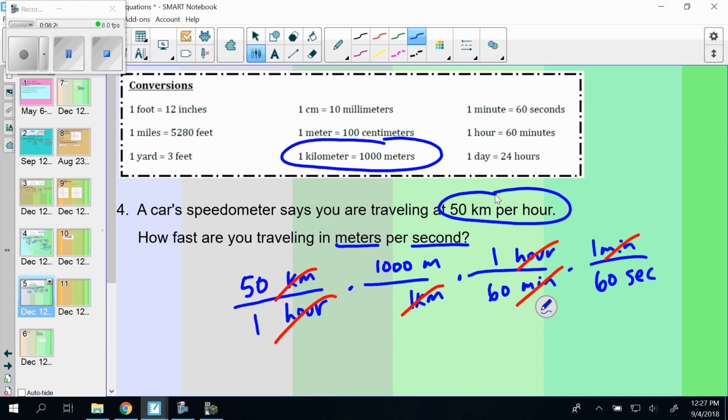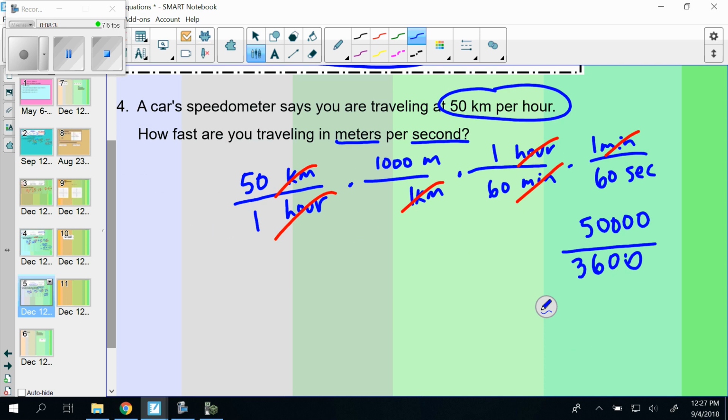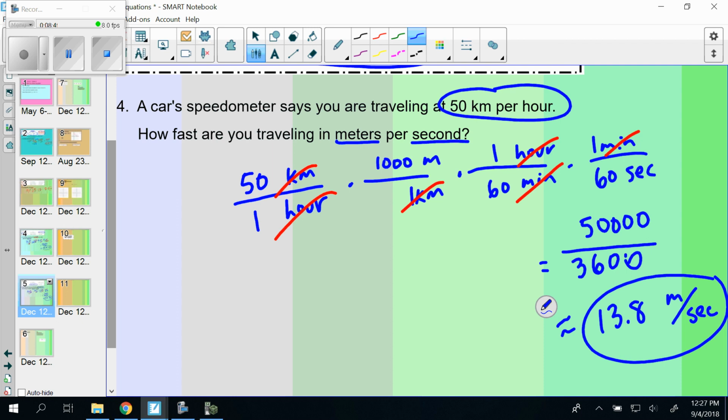Multiplying across now, our top's going to multiply to 50,000. Our bottom's going to multiply to 3,600. Divide that out, and you get your answer. It's approximately equal to 13.8 meters per second. So that's 50 kilometers per hour in meters per second.